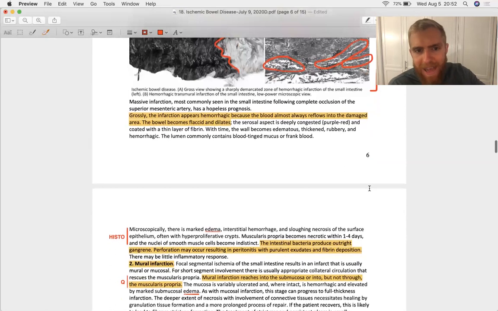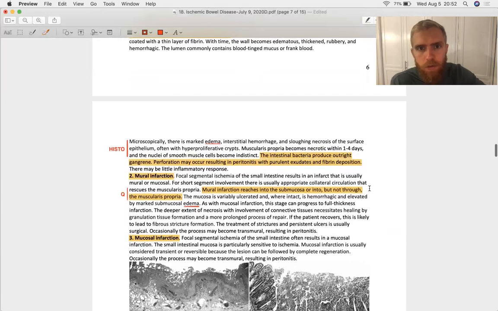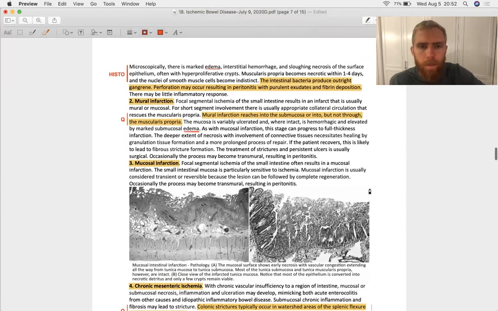Bowel also becomes flaccid, no ATP, smooth muscle not maintaining tone, because muscle is a soft tissue, you know, it's not like a bone. You can't just stick it there and it'll keep its shape. No, it has to use energy to maintain its tone. So if it doesn't have ATP, it just flops. Histologically, we're seeing edema, hemorrhage, a lot of spare red blood cells, surface necrosis, because again, that enterocyte layer is the first layer to go.